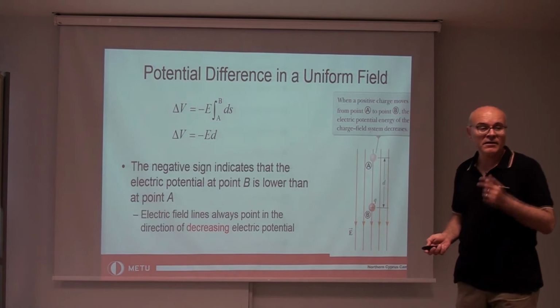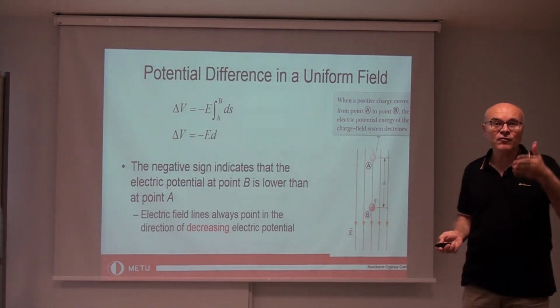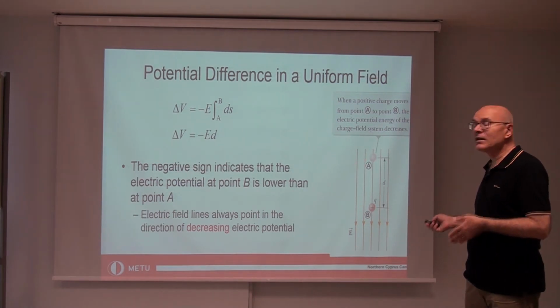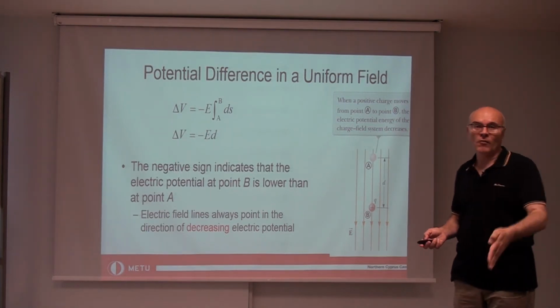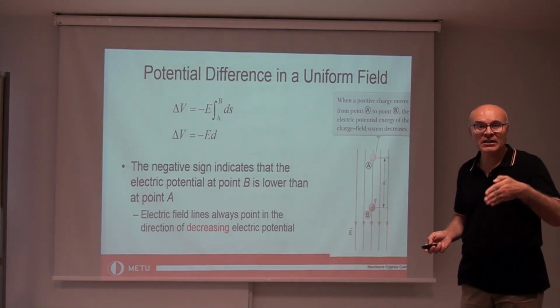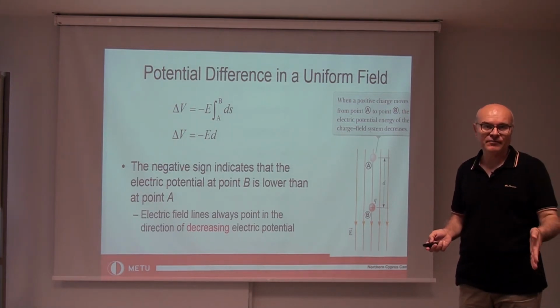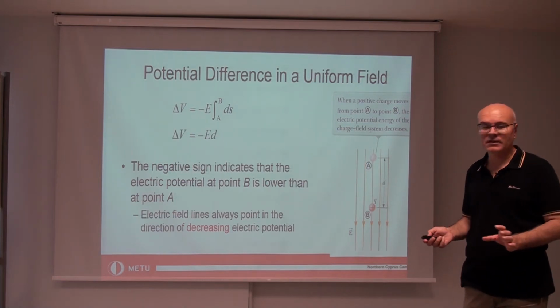So this is my result. The conclusion is that in a uniform electric field, when you move along the field lines, the potential decreases, or the change in potential is negative. Okay, this is a very important result.